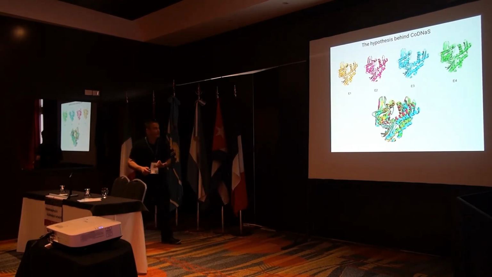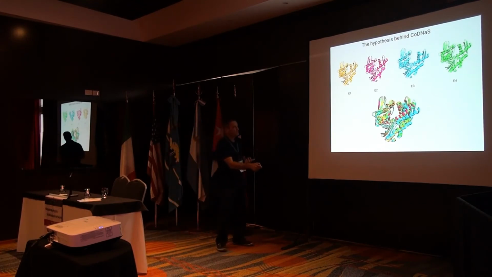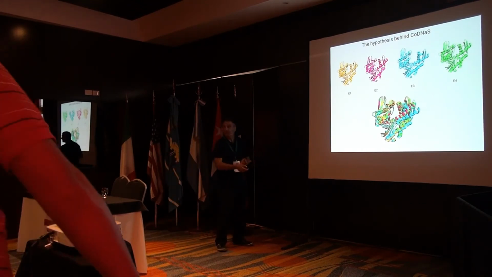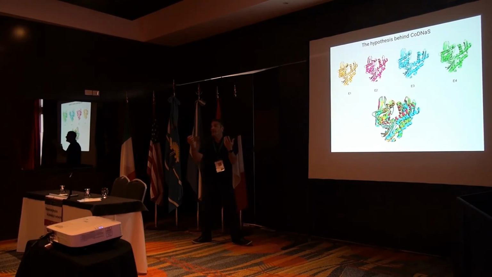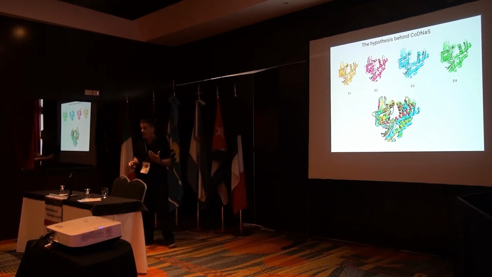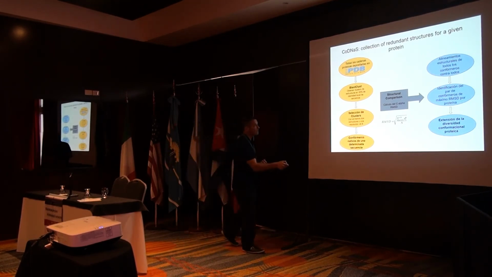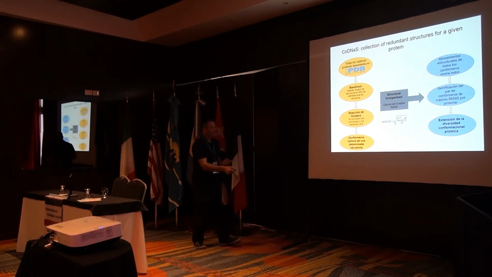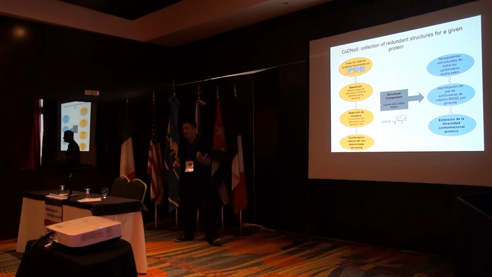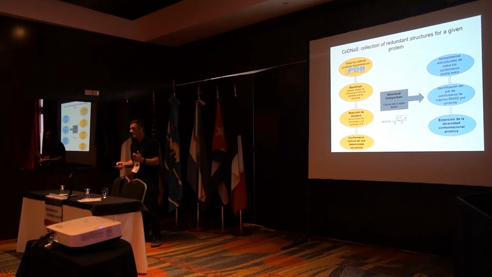Here I superimposed all these different conformers that were obtained in different conditions. So we collected this redundant collection of different structures for the same protein, and we estimate, for example, the structural differences between the conformers using the RMSD.